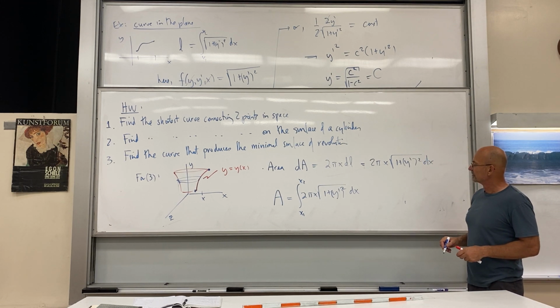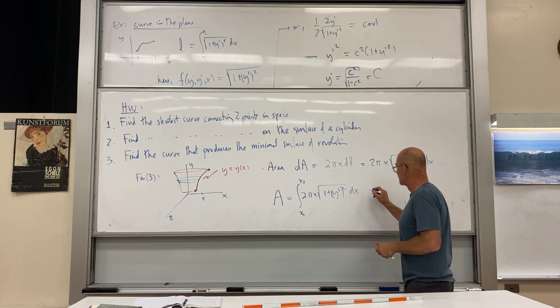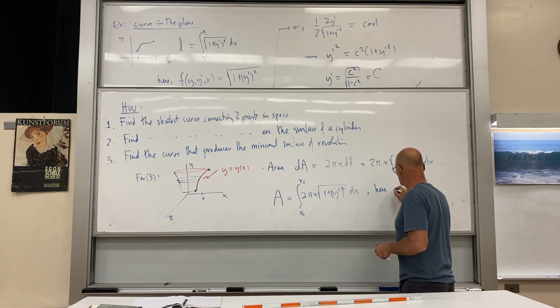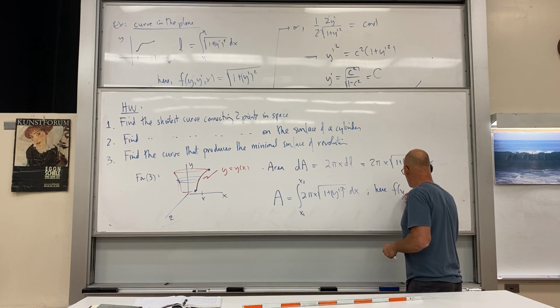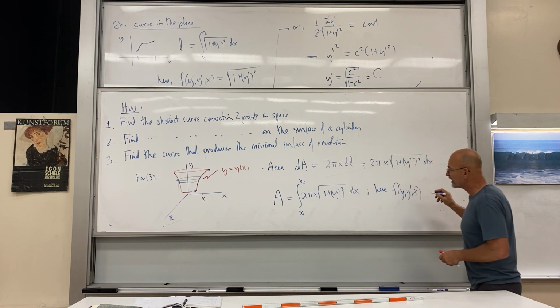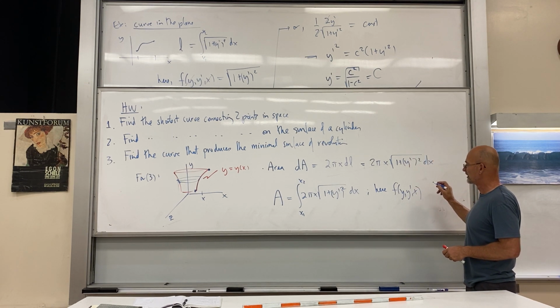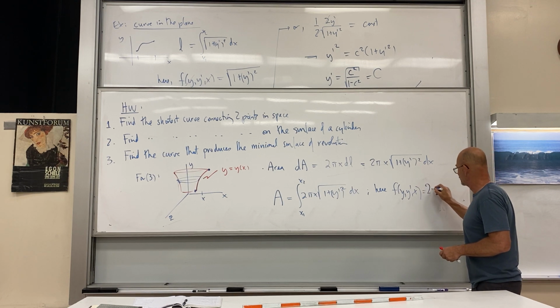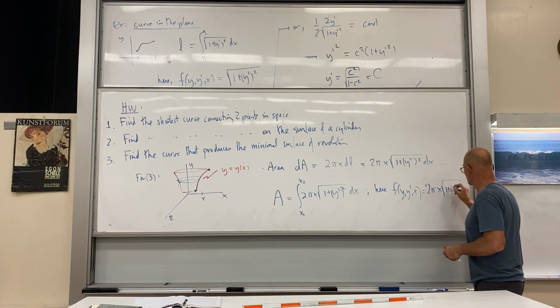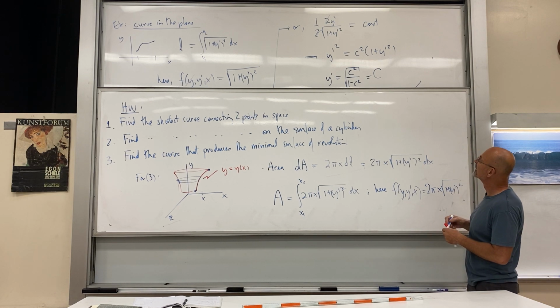Okay. I'll just write here f of y, y prime, and x turns out to be this 2 pi x root 1 plus y prime squared.